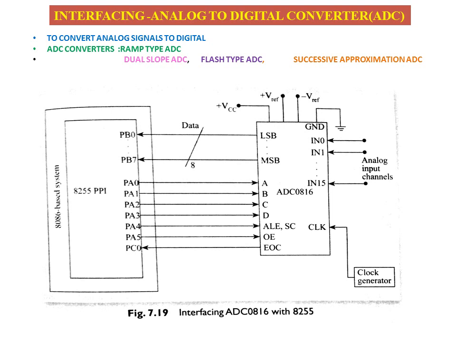Only a few became popular. Among them, a few are given: 1. Ramp type analog to digital converter. 2. Dual slope analog to digital converter. 3. Flash type analog to digital converter. 4. Successive approximation analog to digital converter.